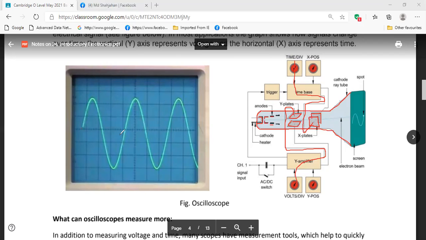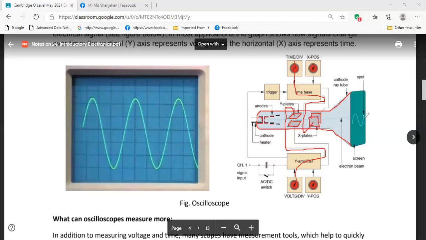So you can set your time and you can set your voltage, so that this graph can be smaller, it can be bigger, it can be amplitude more, amplitude less. This way it can affect the flow of electrons, right? Because the electron can go down, can go up, right?